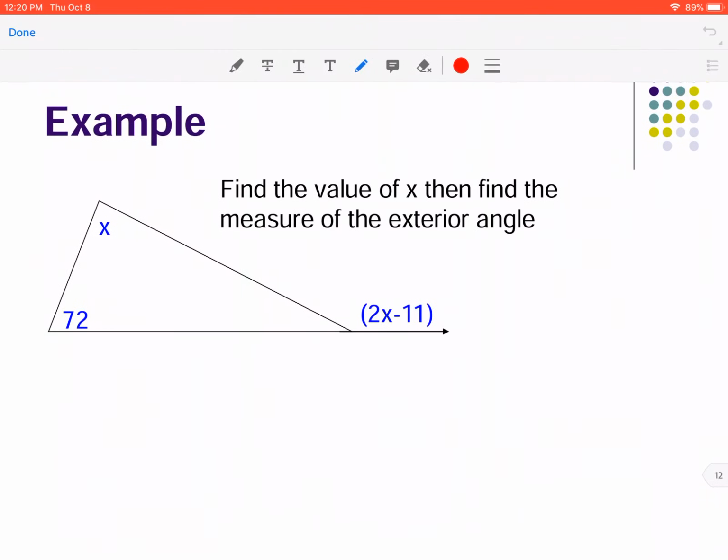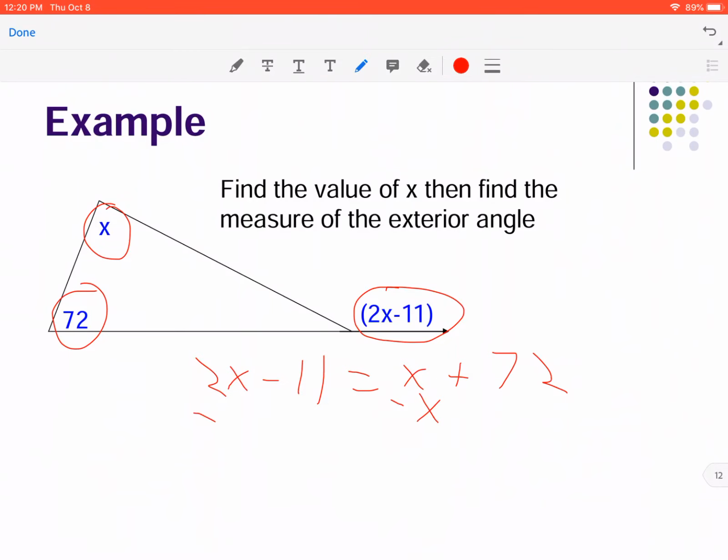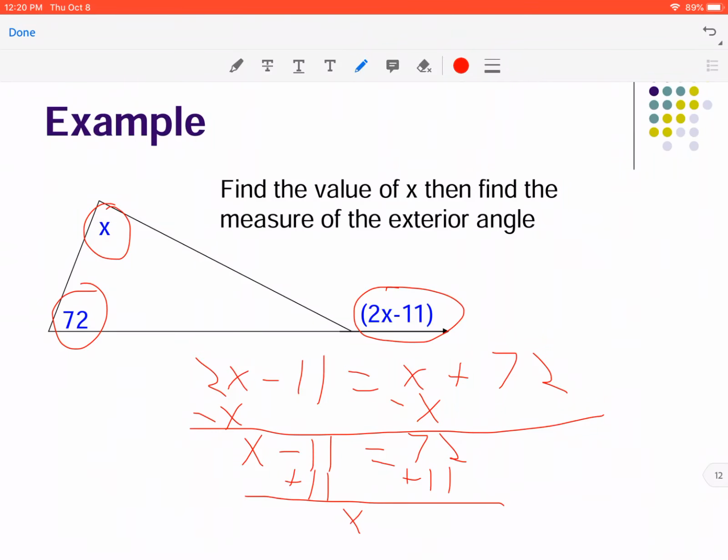Same type of problem. This is equal to this plus this. Same type of problem. Get rid of x. 2x minus x is x. 72, how you get rid of the minus 11, plus 11. 72 plus 11, x is 83.